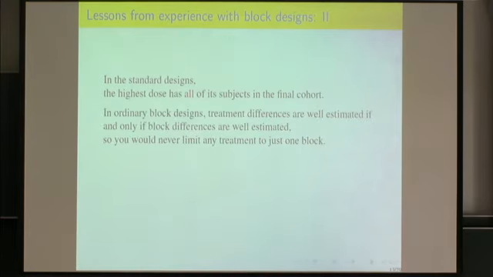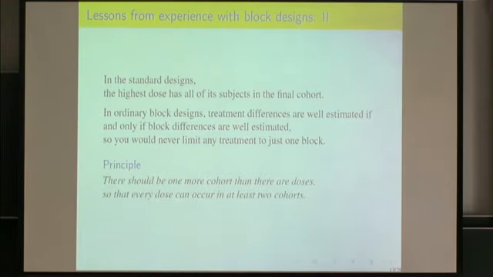Now, if you think about ordinary block designs, you estimate treatment differences well, if and only if you estimate block differences well, and you're never going to estimate differences between the last block and the others well if you're wasting all those resources on a treatment that never occurs anywhere else. So I thought, okay, let's try and get round that by saying we'll have one more cohort. And in that cohort, we can put any dose we like, and we can make sure that every dose occurs in at least 2 cohorts.